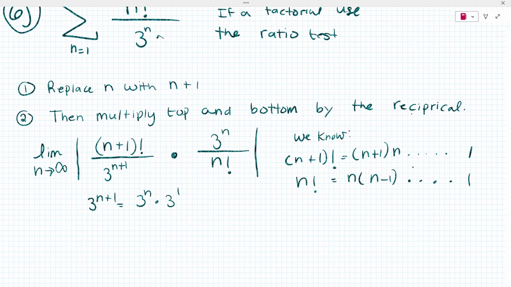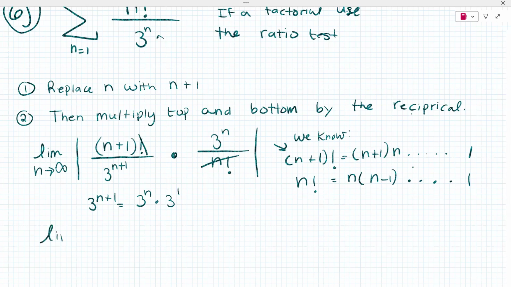So what happens is when you use this rule right here, eventually this n factorial disappears, and then this factorial disappears, and then you're left with this.